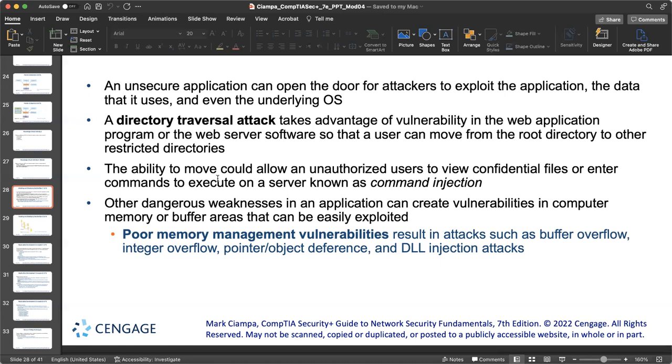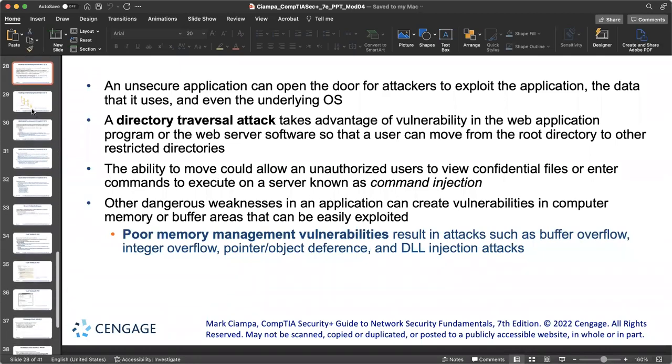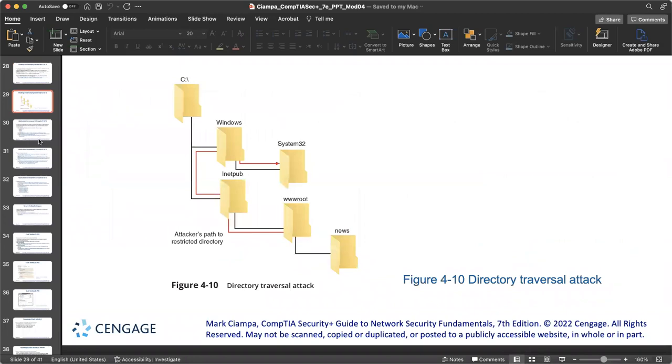As you can see on the slide, there is another dangerous weakness in an application that can create vulnerability in computer memory or buffer area. As we talked about buffer overflow and stack overflow attacks in the past, right? If poor memory management is happening, then any kind of these attacks in memory can happen. Overflowing the stack, overflowing the memory, and taking advantage of the vulnerable situation that it causes, right?